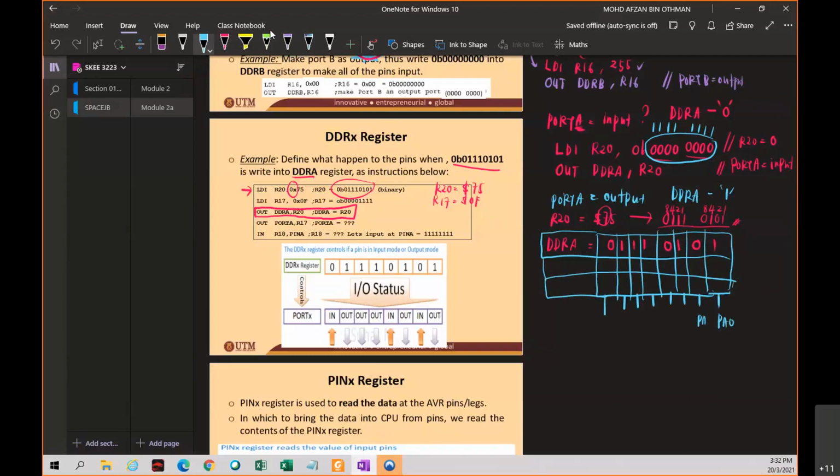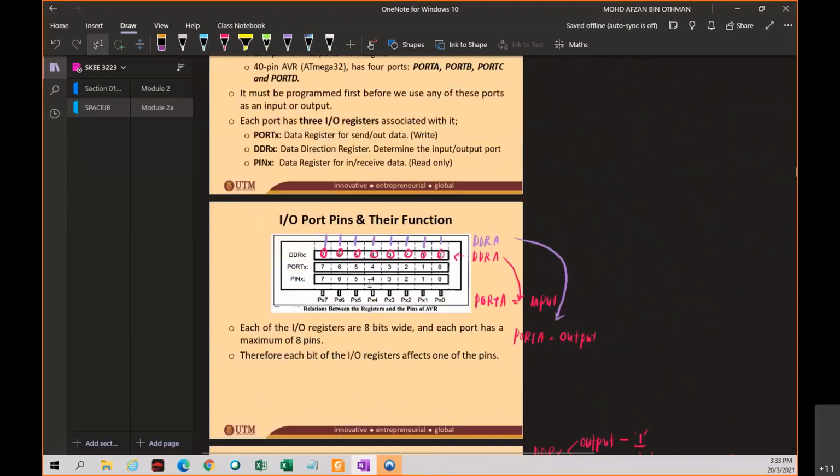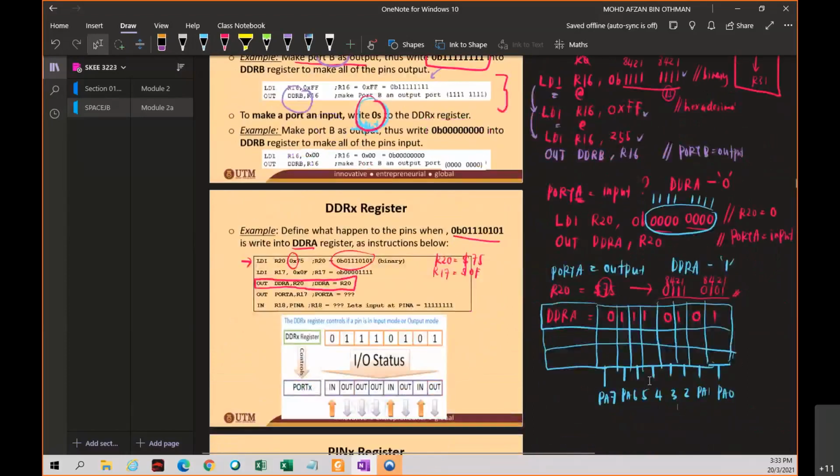This is PA1 sampailah PA7. 4, 3, 2, 1. Okay, so this is the kaki. Okay, by referring to this one. Yang ni saya refer to gambar rajah ini. So this is the kaki. Okay, so sekarang ni value yang ni kamu hantar ke DDRA.